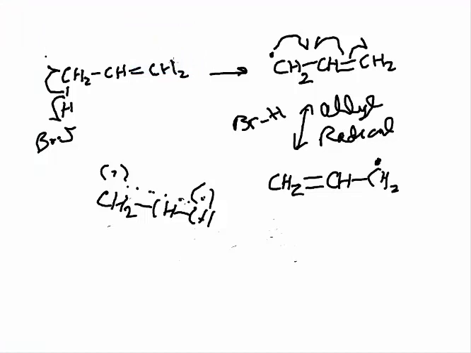Now this can be any alkyl group, ethyl, methyl, propyl, whatever. Just let it be represented by the symbol R. If I attach the R group, the alkyl group, to either of the end carbons of the allyl radical, I will get what's now called an allylic radical.